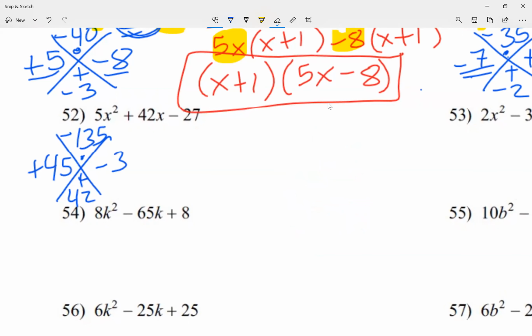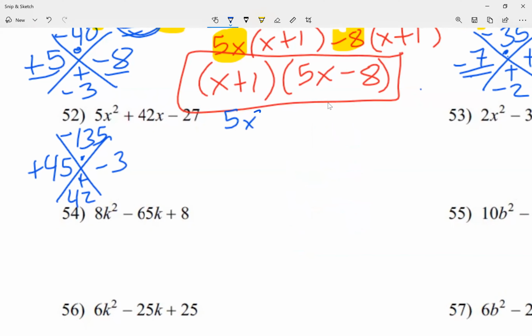Positive 45, negative 3. Now, when I split my middle term, I have 5x squared plus 45x minus 3x minus 27. When my first number is not a 1, I have to do my diamond method to split my middle term.